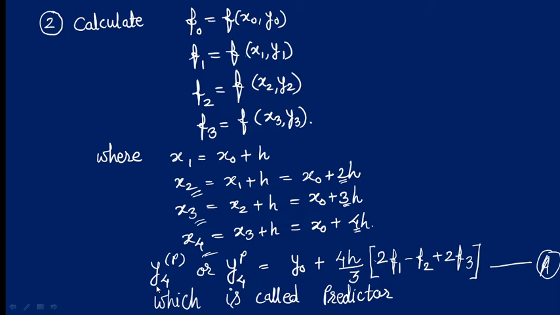Now first we find out the predictor value y4 of p, whose value equals y0 plus 4h by 3 into twice f1 minus f2 plus twice f3. Here we substitute the values f1, f2, f3 in the formula, y0 is given in the problem, and h is given or we decide it from the given data, and find out the predictor value.